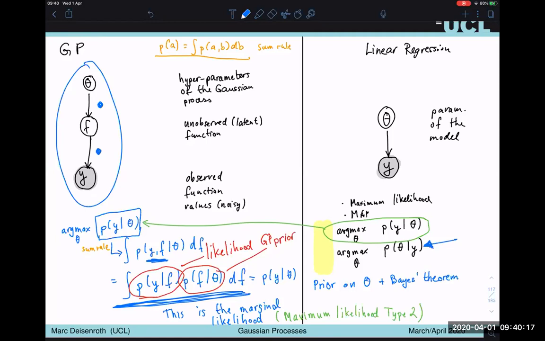And that's exactly the approach that we would also take in the Gaussian process, where we can place a prior distribution on the hyperparameters, for example, the length scale parameters, and then use Bayes' theorem to compute the posterior distribution. And that's what we're going to do right now.